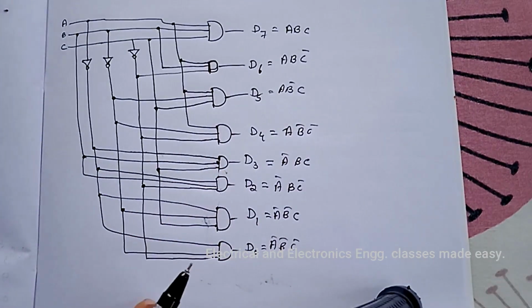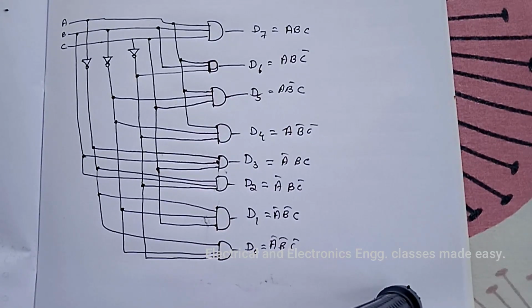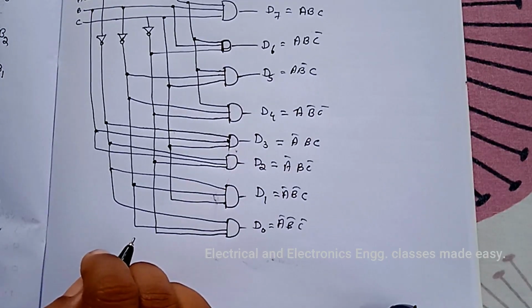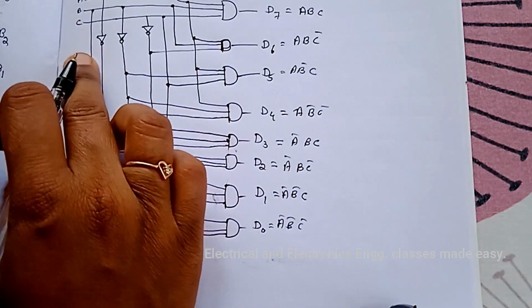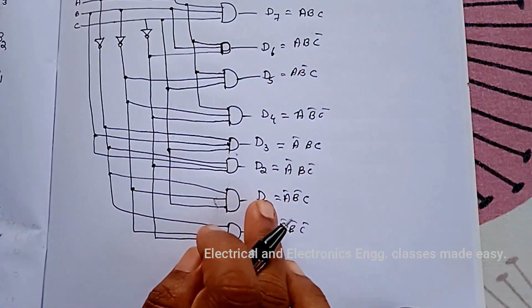So this is the logic diagram for the 3-line to 8-line decoder. It is called a 3-line to 8-line decoder because it has 3 input lines and 8 output lines.